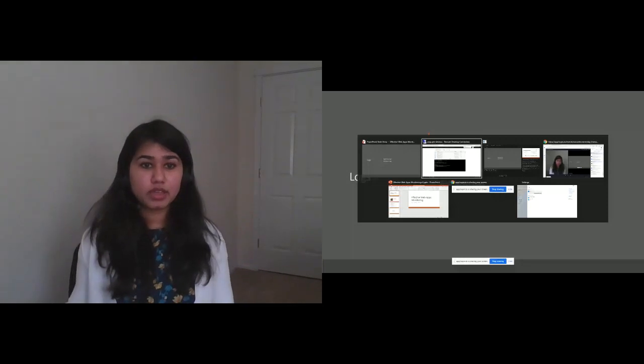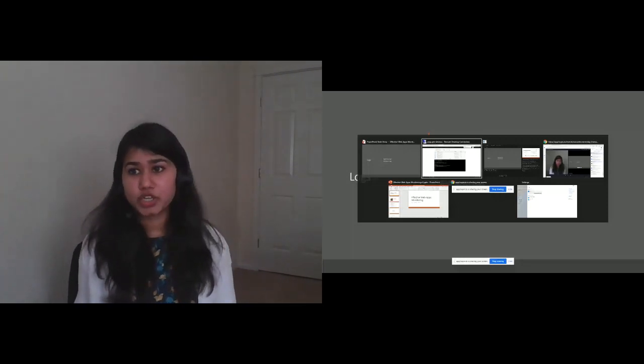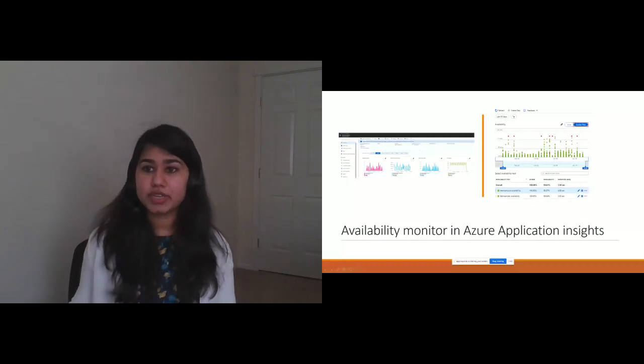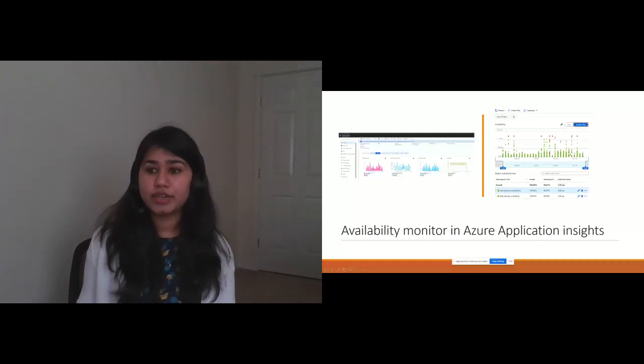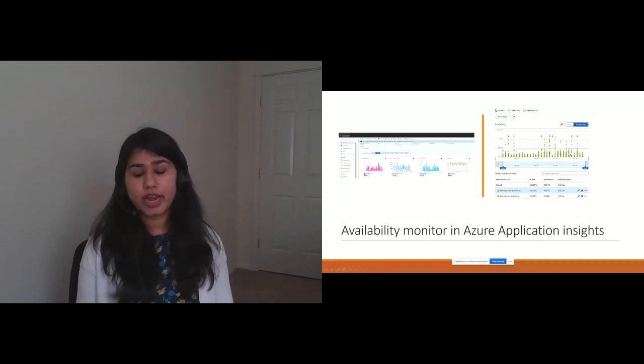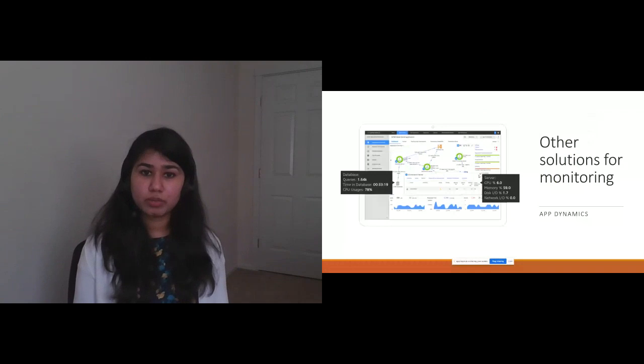So yeah, we saw the availability monitor in Azure Application Insights, and in general, for a complex application, we would get to see all the metrics in your Application Insights dashboard, and it also provides you insight into detailed exceptions and request failures. So that was about using Azure infrastructure by Microsoft.